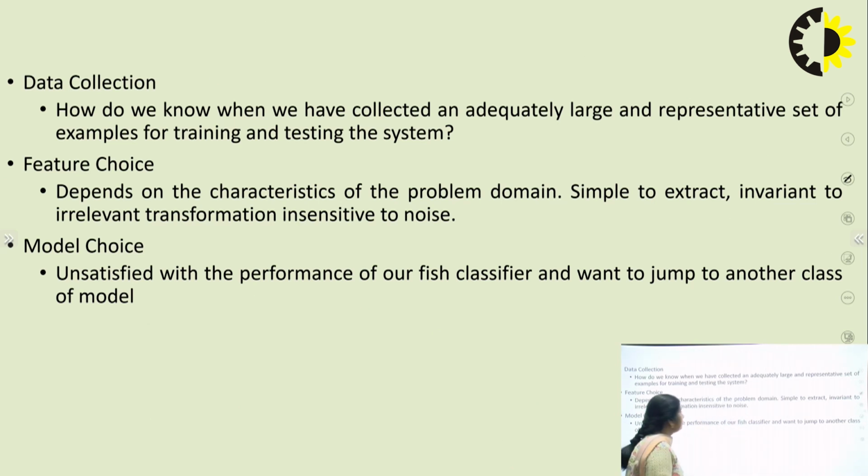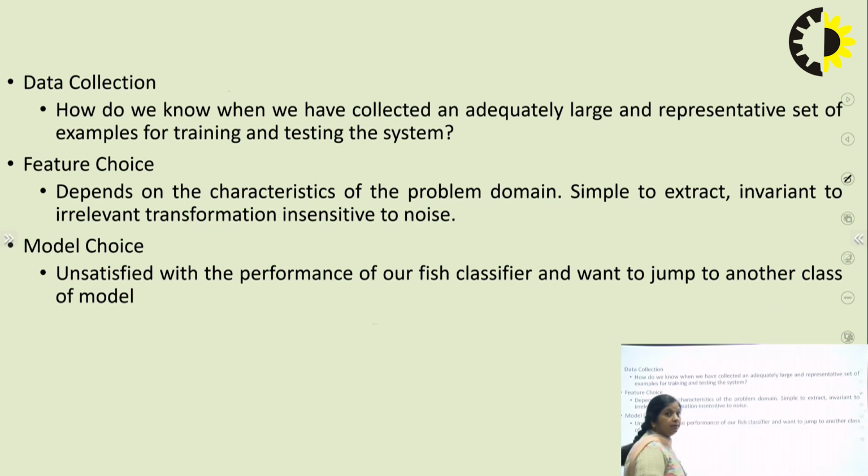So it may be the case that we are not satisfied. Why does it happen? Because no classifier is perfect in all conditions. Different classifying algorithms work in different domains. So if we are unsatisfied with the performance of our fish classifier and want to jump to another class of model, that is the model choice, which model we want to implement.